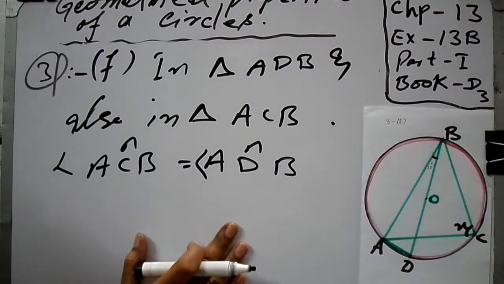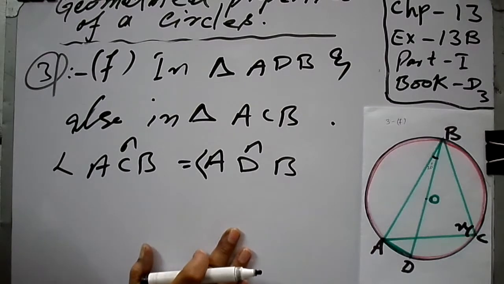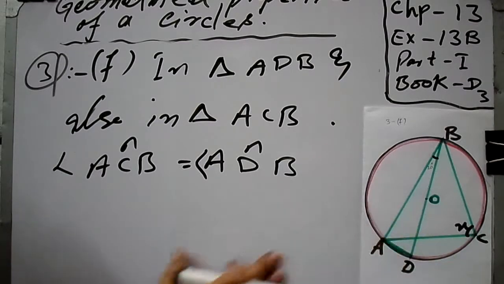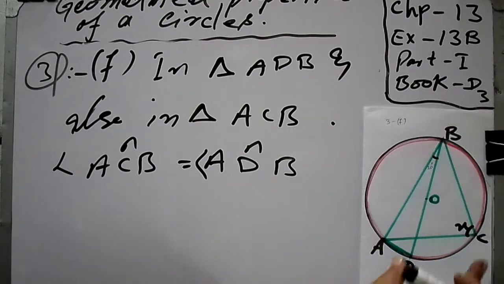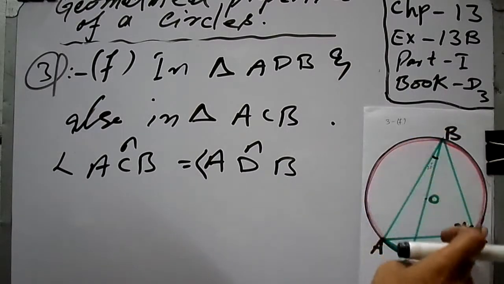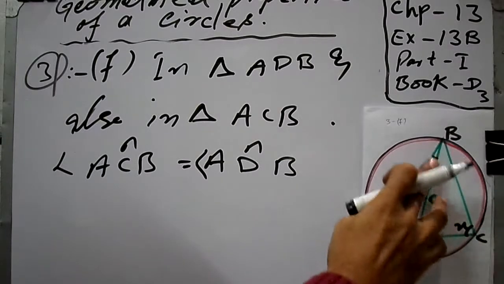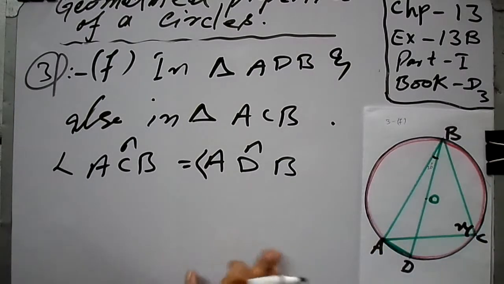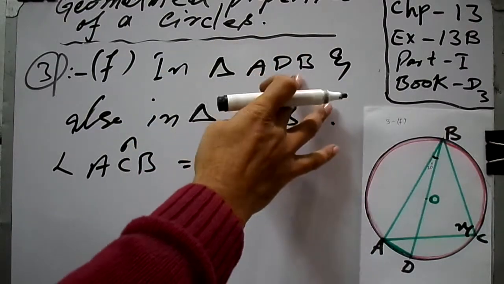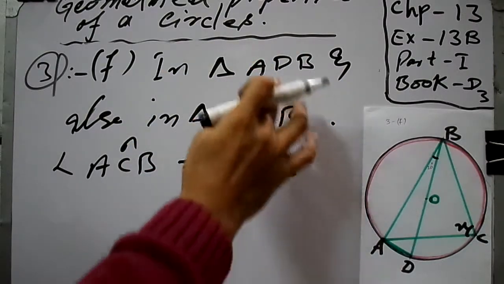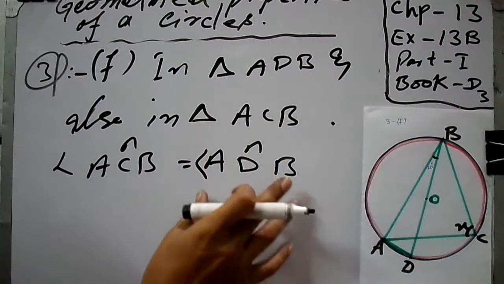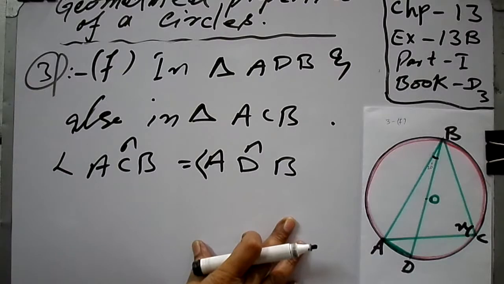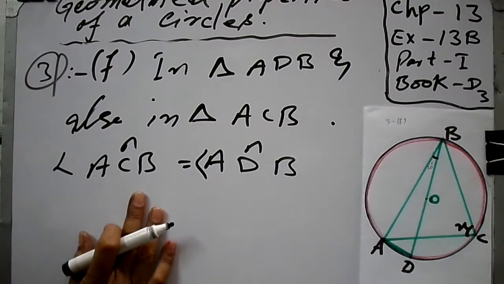So we can say that, because they are angles of the same segment, these are congruent. So this angle must be equal to x. That is the reason that in these two triangles, ACB and ADB, the angle is equal.